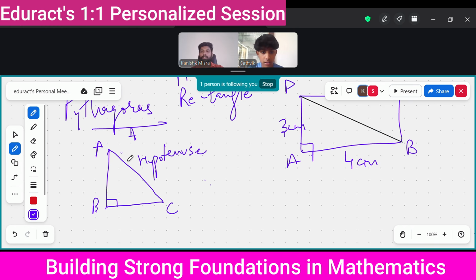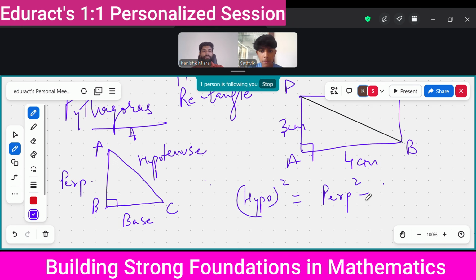So what is Pythagoras theorem saying? One side is called as perpendicular and other side is called as base. So hypotenuse square is equals to perpendicular square plus base square.